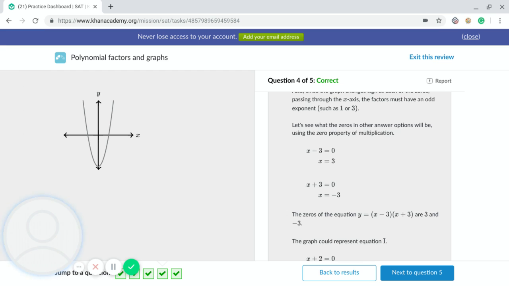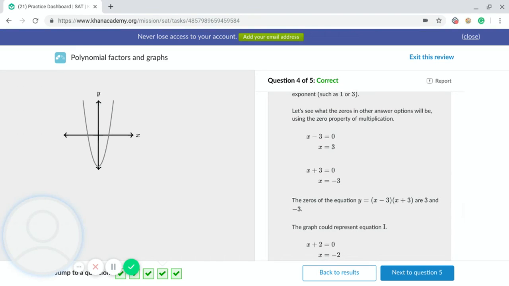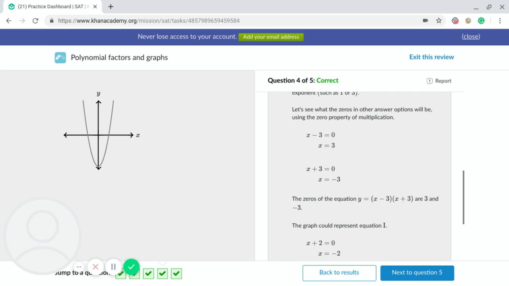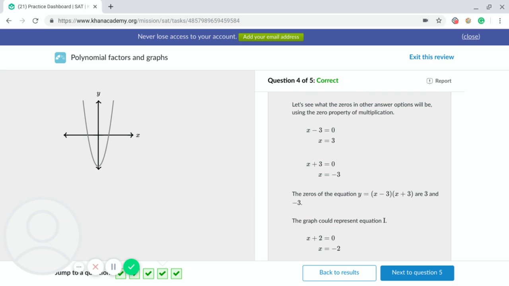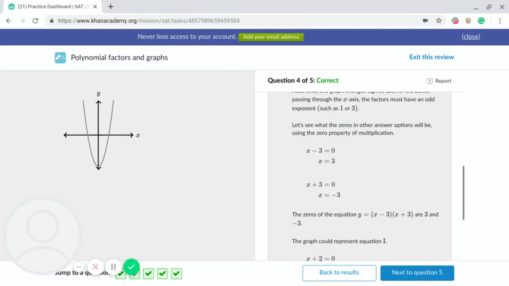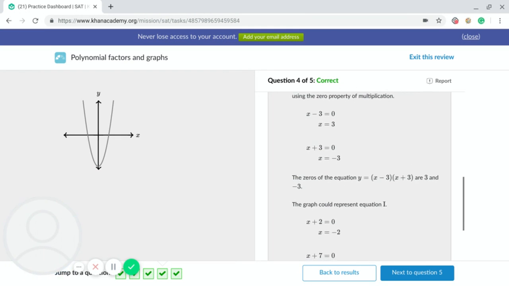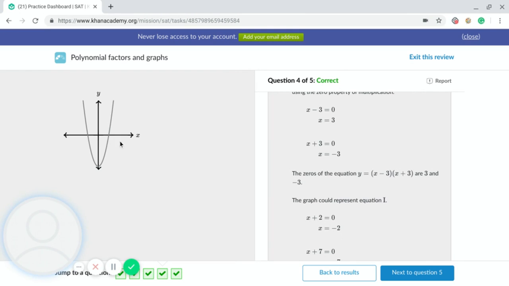So let me see. Let's see what the zeros in other answer options will be like, using the zero property of multiplication. The zeros of equation 1 equal 3 and negative 3, which, since the parabola looks pretty even and it crosses through 2 distinct points rather than 1, I say it counts.